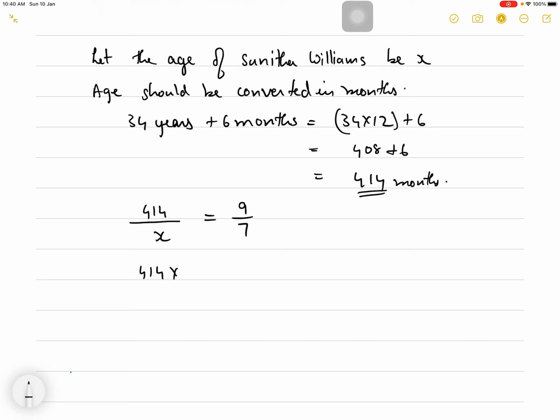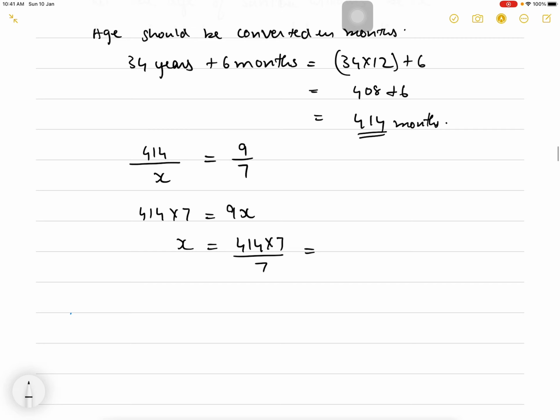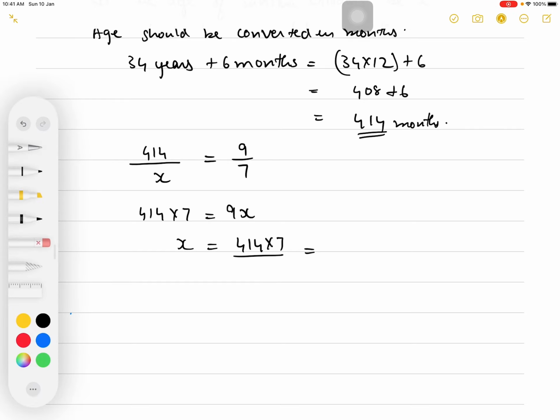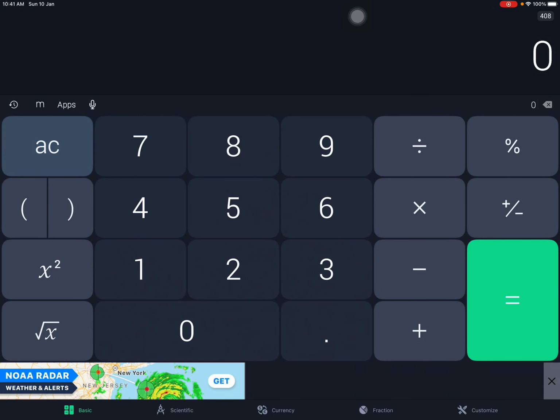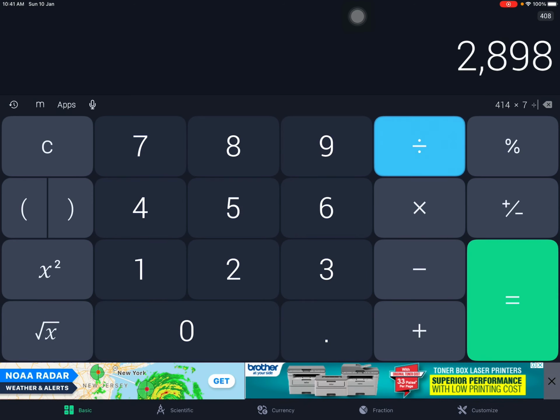So 414 into 7 is equal to 9x. So x is equal to 414 into 7 divided by 9.